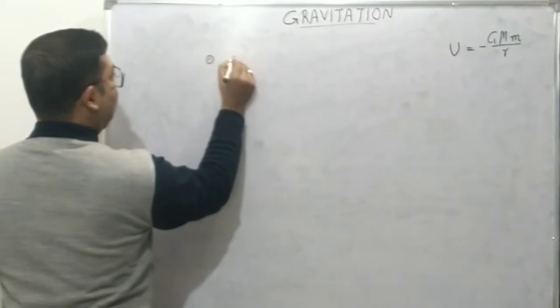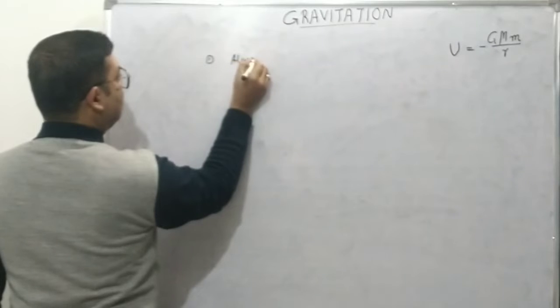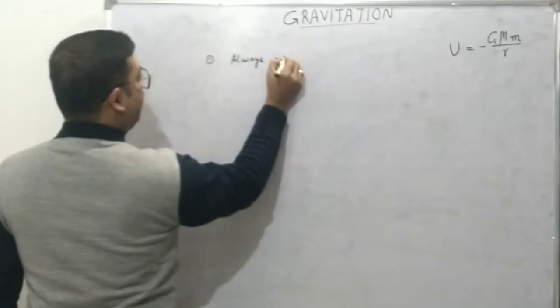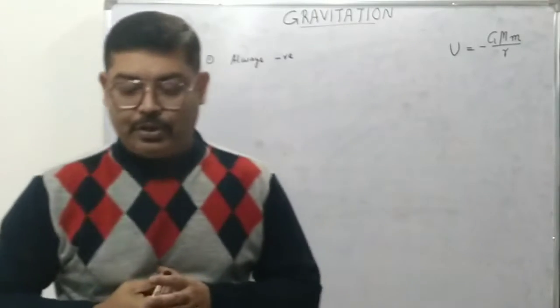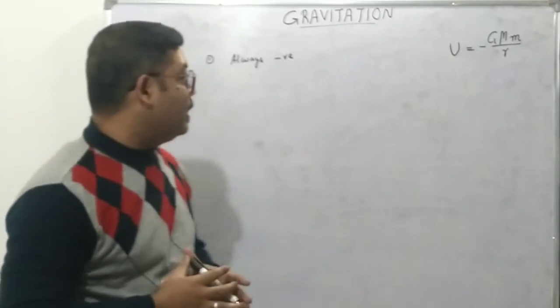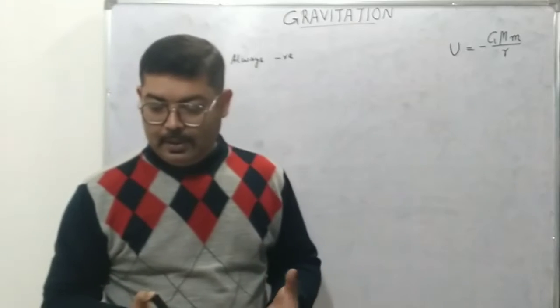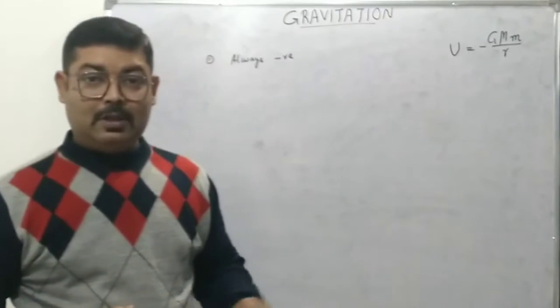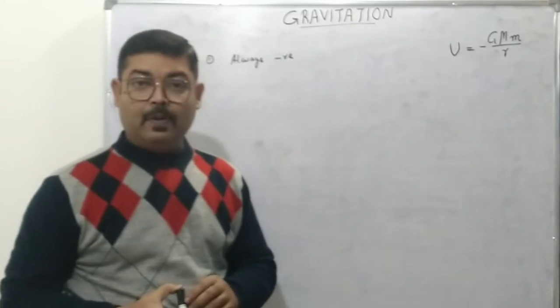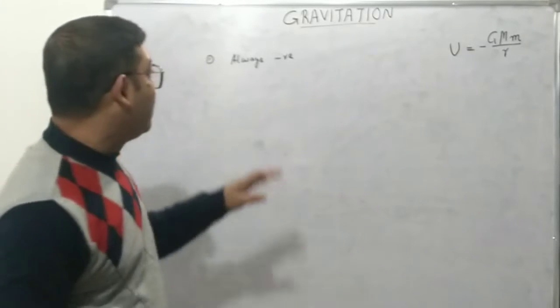Number one, it is always negative. So what it means is that gravitational force is an attractive force, as we know already, right? And so the work is done by the gravitational field, not on the gravitational field.